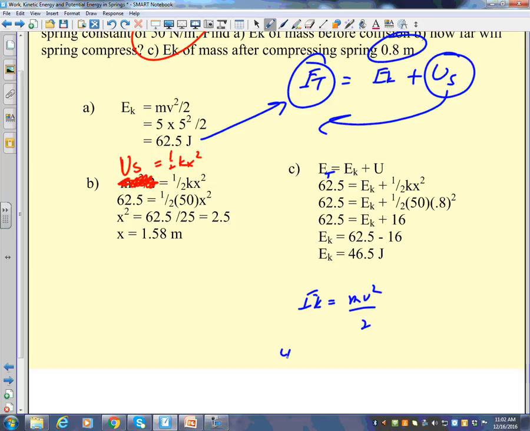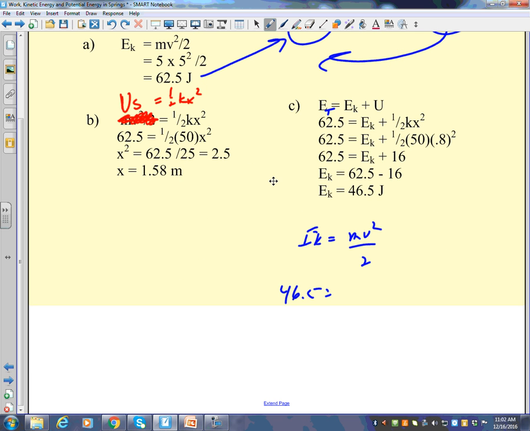Right, so you'd have 46.5. I don't even know what the mass is. 5. 5v squared over 2, right? So v is going to be 2 times 46.5 divided by 5, and you got to square root that.